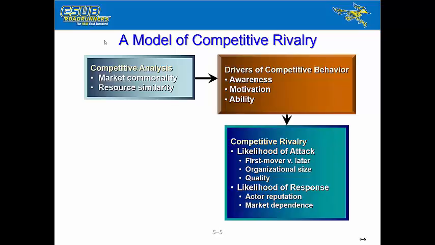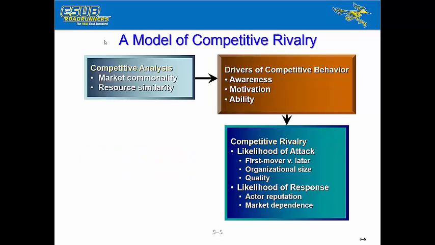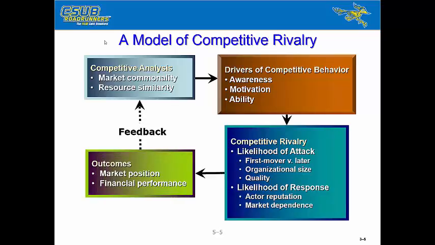The likelihood of attack has to do with things like first mover or late mover, organizational size, product quality. Likelihood of a response has to do with actor reputation and market dependence. So these all lead to outcomes in the form of market position and financial performance. Which then gives feedback back into the relationship, and the whole cycle starts again.